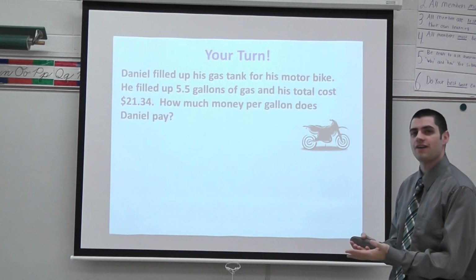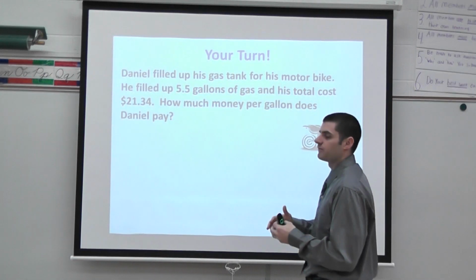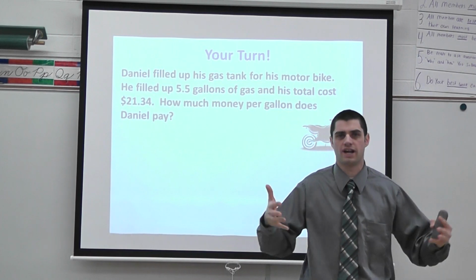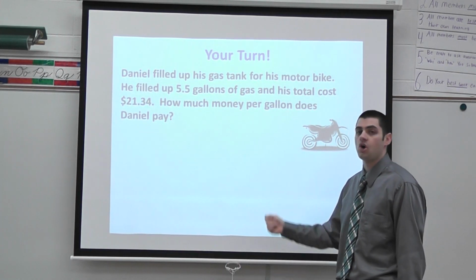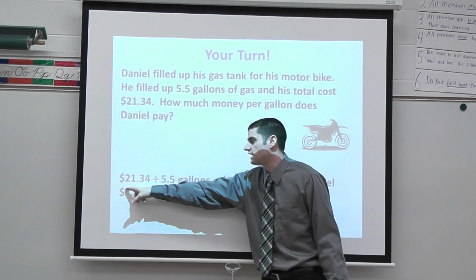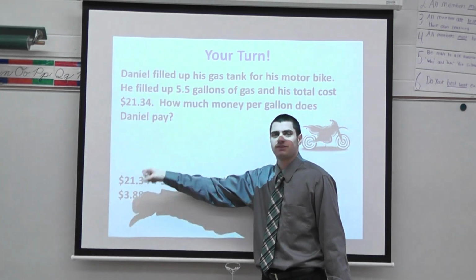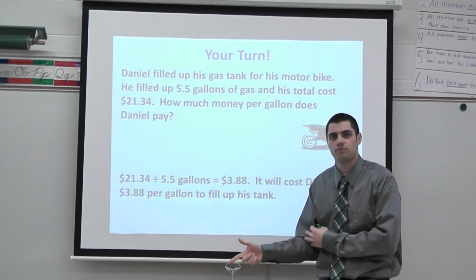So you fill up 5.5 gallons in your motorbike. You know that your total cost is $21.34. How do I know what I'm trying to find? I'm trying to find the cost per gallon. So I'm going to start with my total, $21.34. I have to divide that money up by 5.5 gallons because that's what I filled my gas tank with.